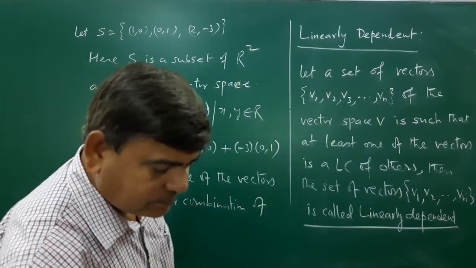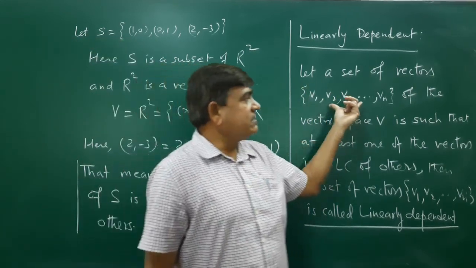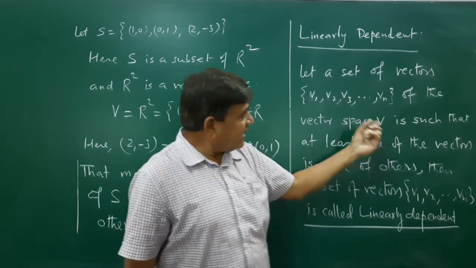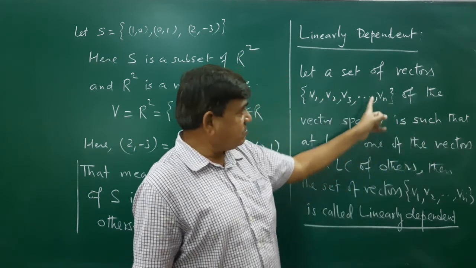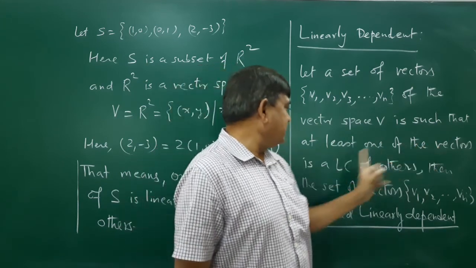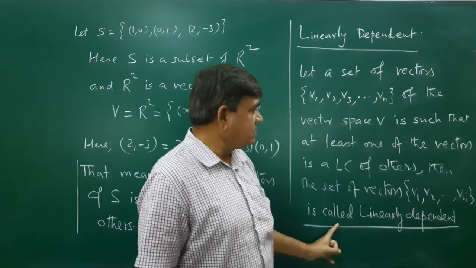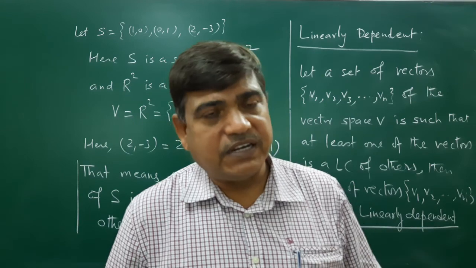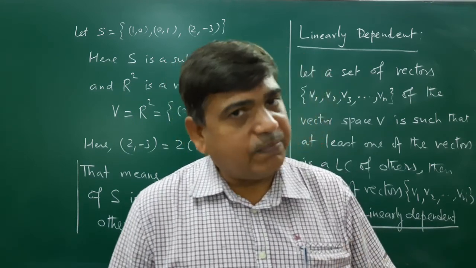Okay, let us revise. These are the vectors of the vector space V, and these are the members of V, such that at least one of the vectors is a linear combination of others, then the set of vectors is called linearly dependent. If it is not linearly dependent, then we say independent.